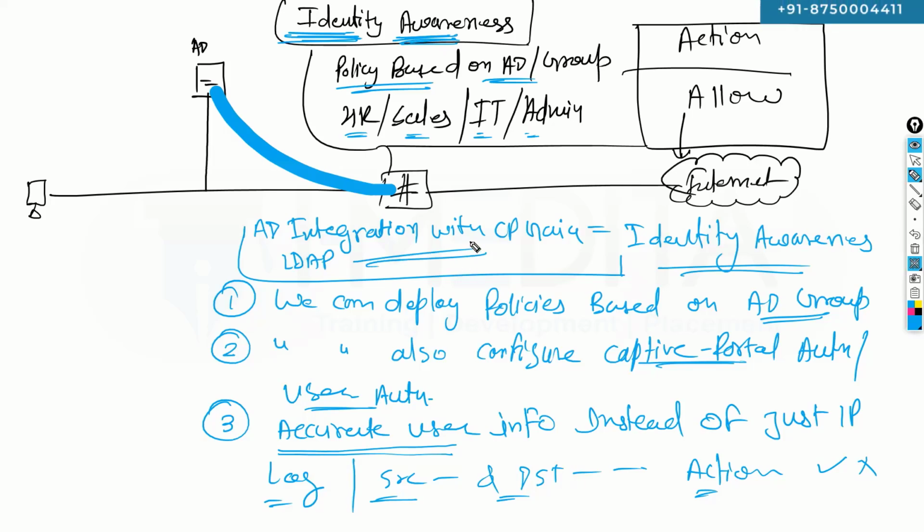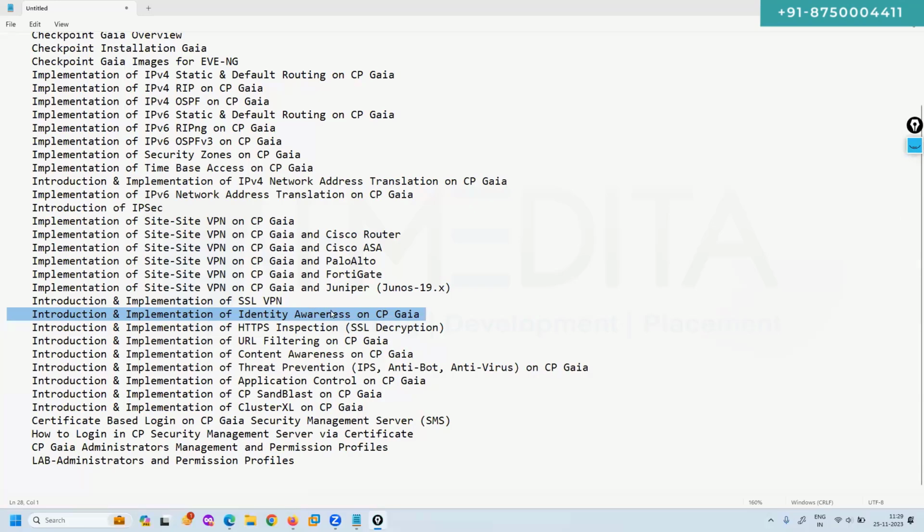When we want to achieve these three things, we want to deploy policy based on group, we want to deploy user-based authentication or captive portal, and when we want to get accurate user information, we have to use identity awareness. How to do it? That is part of the lab, but now it is the first day, and I'm just telling what we will cover.